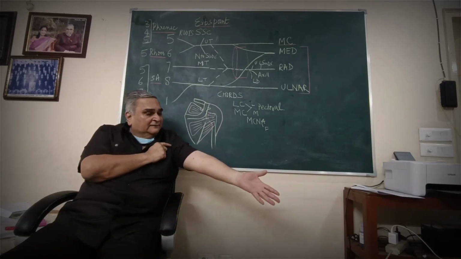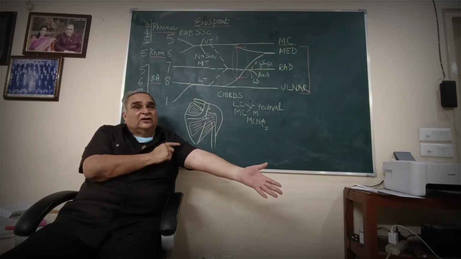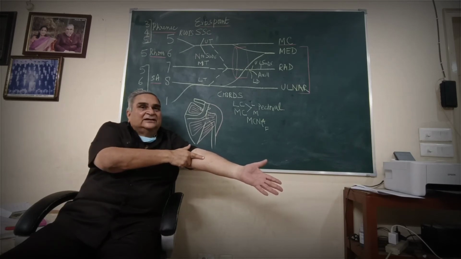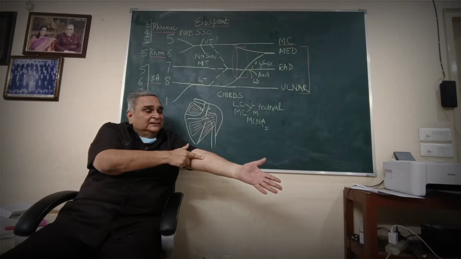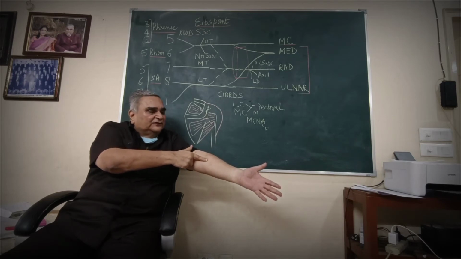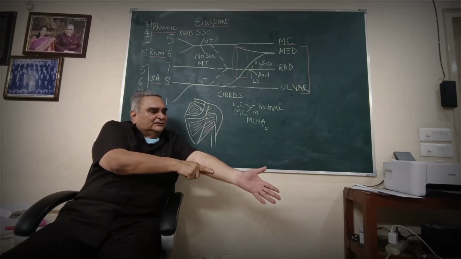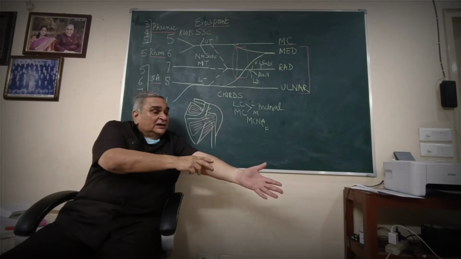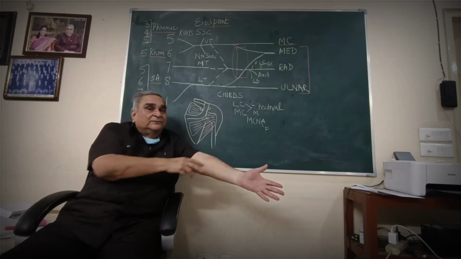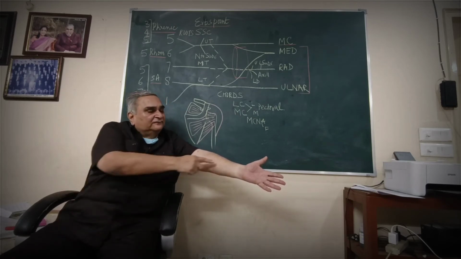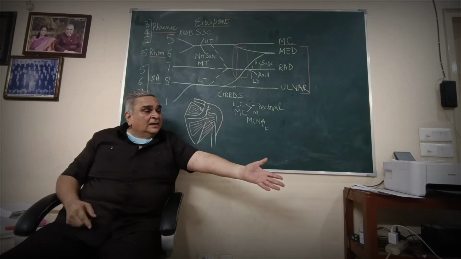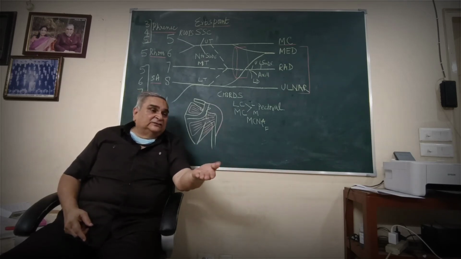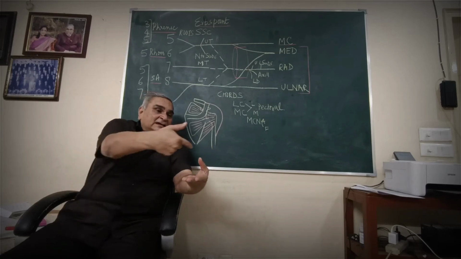The median nerve continues on the lateral side of the artery, then comes medial to it, then passes between the heads of pronator teres, under the flexor digitorum superficialis, between flexor pollicis longus and flexor digitorum profundus. It is normally paralyzed in chronic VIC, and you test this median nerve by a test which is called the pen test.